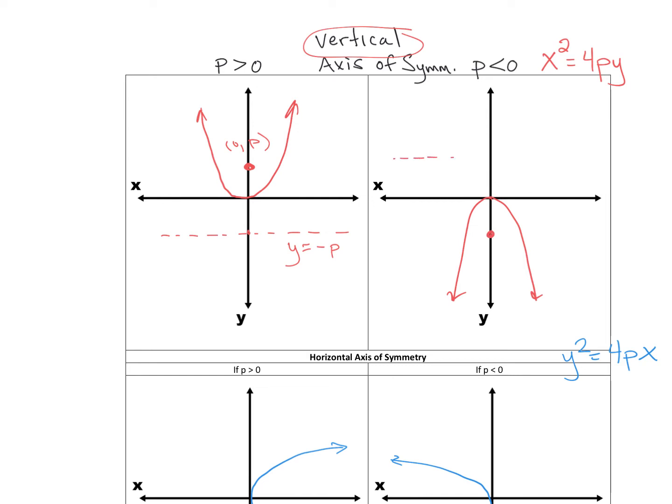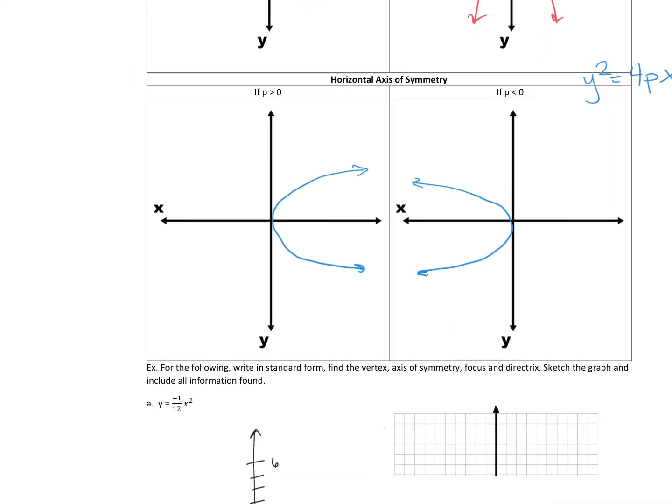Similarly, for this one, y equals negative p, and this is (0, p), but keep in mind our p value in this case is negative already. And then down here, our focus will be on the inside, our directrix will be an equal distance behind it. And since our directrix crosses the x-axis, if this is (p, 0), this will be x equals negative p. And similarly here.